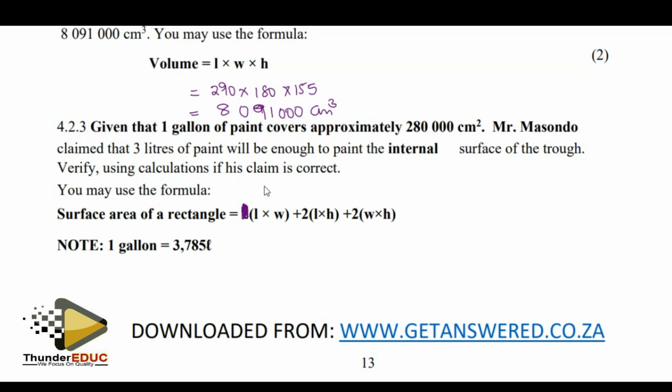So we start inserting. Remember they said internal surface area. That means we're using the internal measurements that we got. The length, we've got it as 290. The breadth, we've got it as 180. And the height, we've got it as 155.